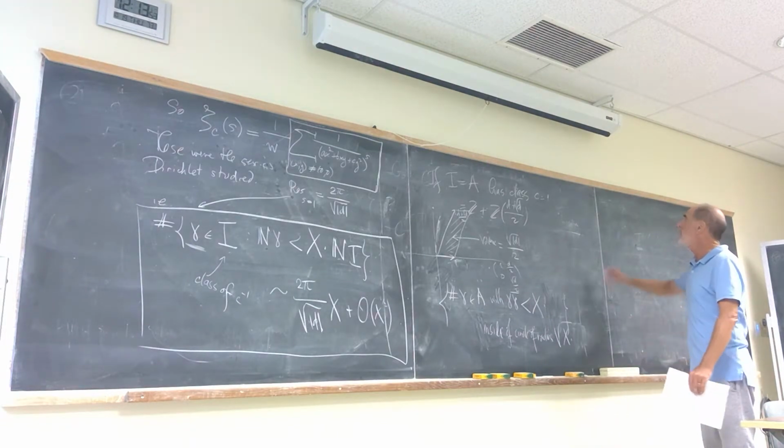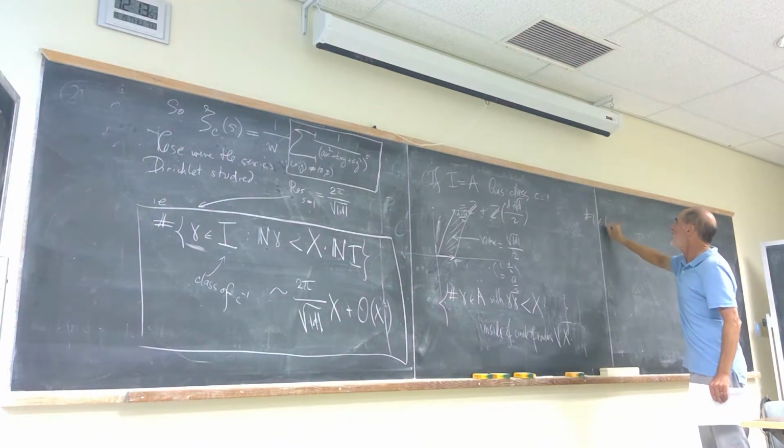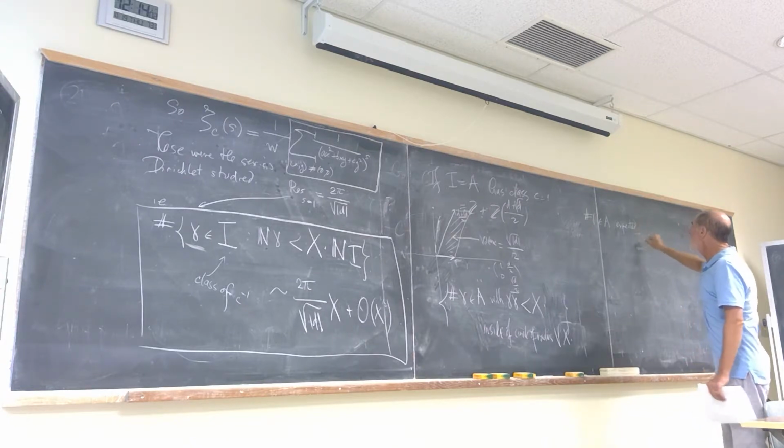Well, the number of gamma in A expected would be the ratio of the volumes.